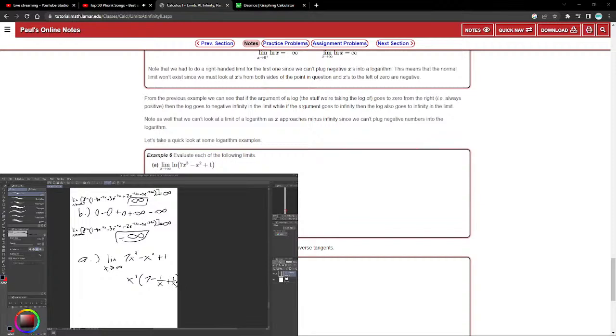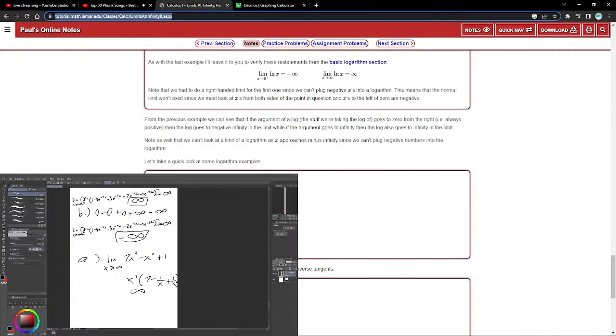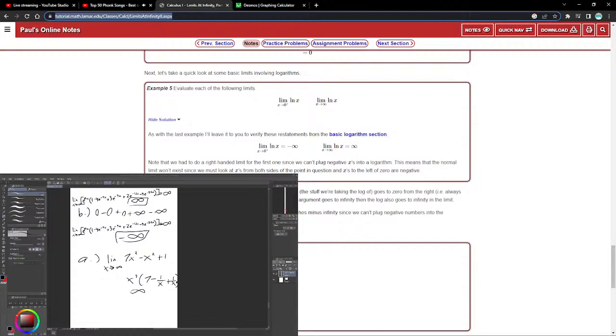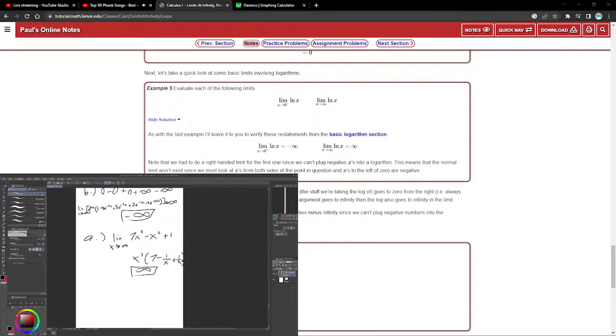Approaches 0, approaches 0. 7, positive infinity. So this would be a positive infinity. And that'd be positive infinity, okay.